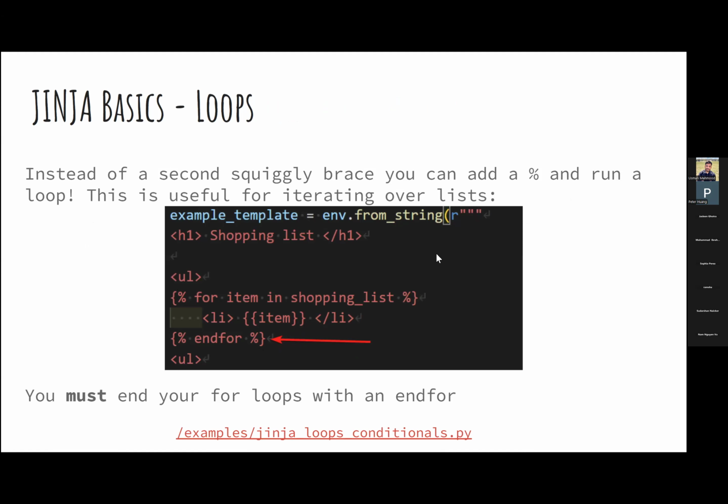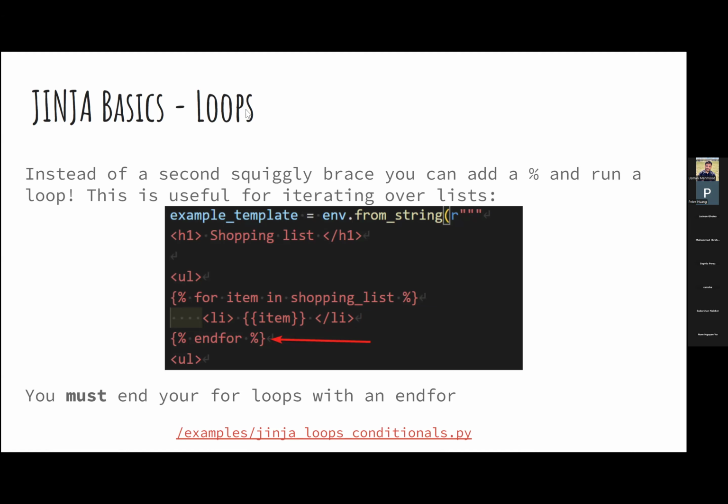Then we have the percent sign with the squiggly braces, and again here a percent sign with endfor. And inside of it, we give the list and then item and then list. So instead of having to manually present every single item, you can just use this for loop and it'll present all the items at once. And then you must end your for loops with the endfor as shown down here.